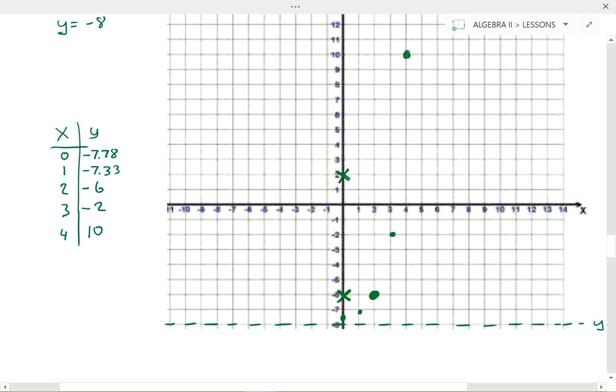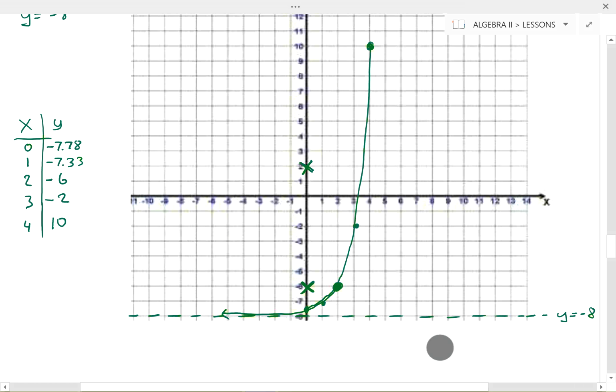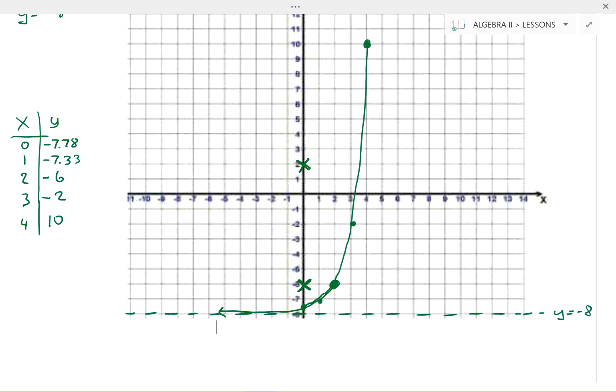As you can see, just like we anticipated, our graph is going to come down and level off right at our horizontal asymptote of y equals negative 8. Great, so this is how you would graph it, and what it would end up looking like with these vertical and horizontal shifts. It's taken this equation, shifted it down, so instead of leveling off at the x-axis, we're leveling off at negative 8. And it's also shifted it to the right 2 units.